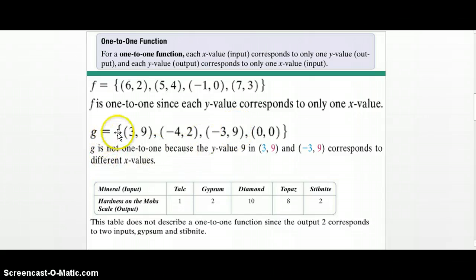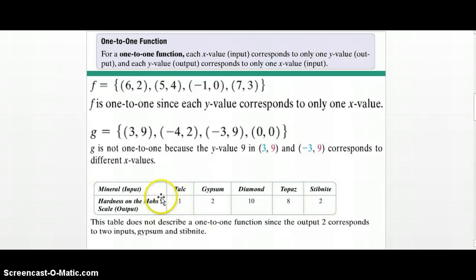So this g is not a one-to-one function because the y value 9 corresponds to different x values. So we cannot say this is a one-to-one function.